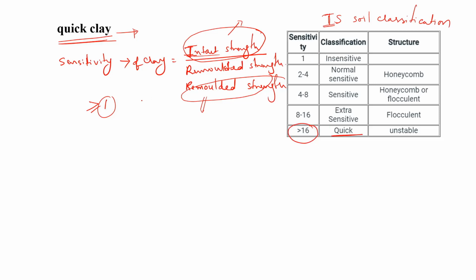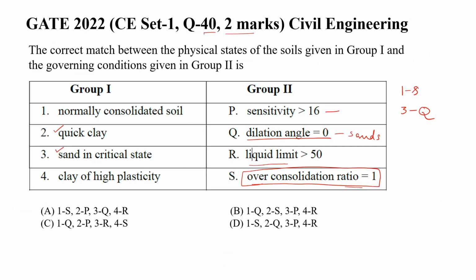When the clay is disturbed and the intact strength is still equal to the remolded strength, then it is not sensitive to the disturbance. That is why when it is 1, it is called insensitive. You can read about the different categories in any standard book. That is how quick clays can be related to the sensitivity range: quickness relates to sensitivity greater than 16, so 2 to P.